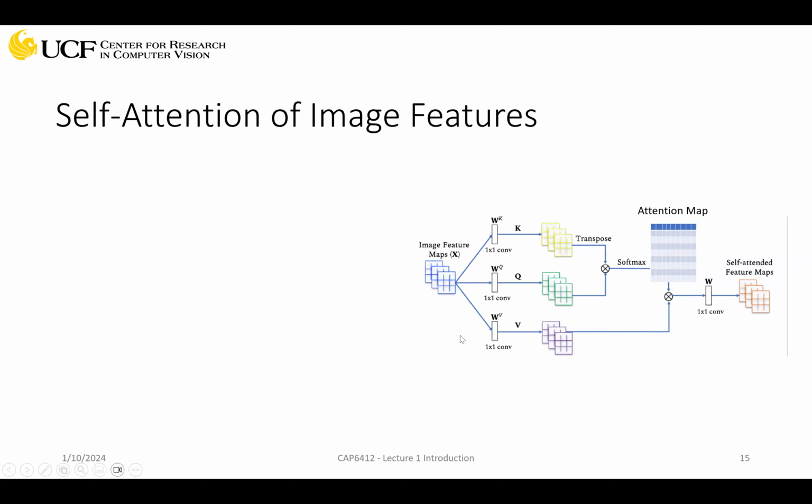We take this 3x3x3 and apply the 1-by-1 convolution to each token, and we get this. The 1-by-1 convolution here we call the query, this will be the key, and similarly the value. These 1-by-1 convolutions we will learn, as you have done in the computer vision course.